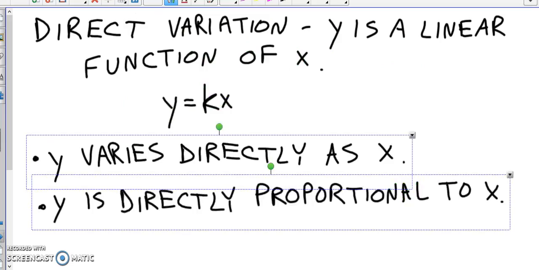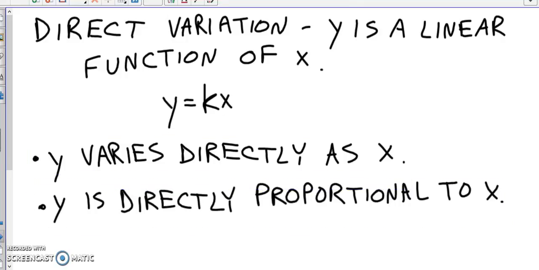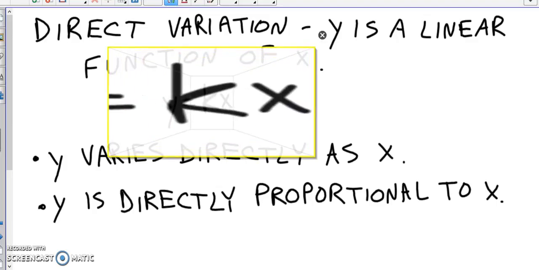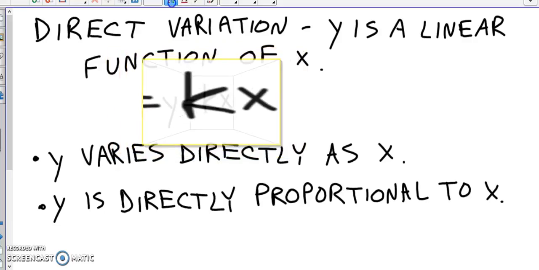The next thing I'd like to talk about is what's called direct variation. Direct variation means that y is a linear function of x, or y equals k times x. This k here is the constant of proportionality.